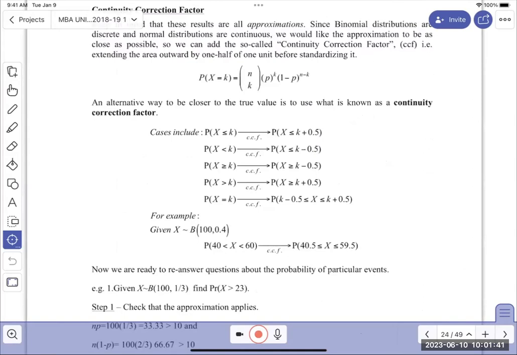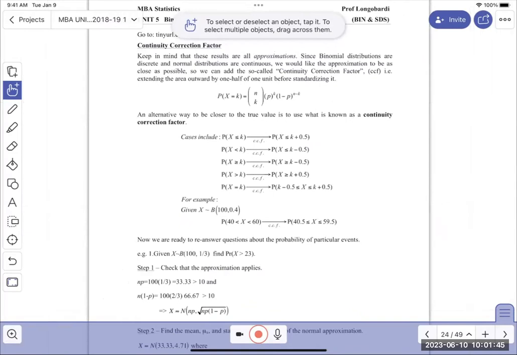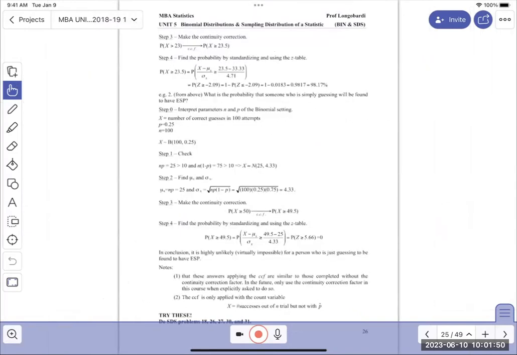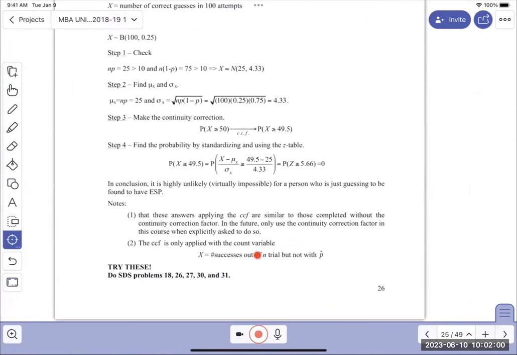Okay, so just to make a point here, if I solve all these, I think I say here that the continuity correction factor is only applied with the count variable X, not with P hat. So we call this X the count variable. All right, so it all makes more sense when you go through that material.